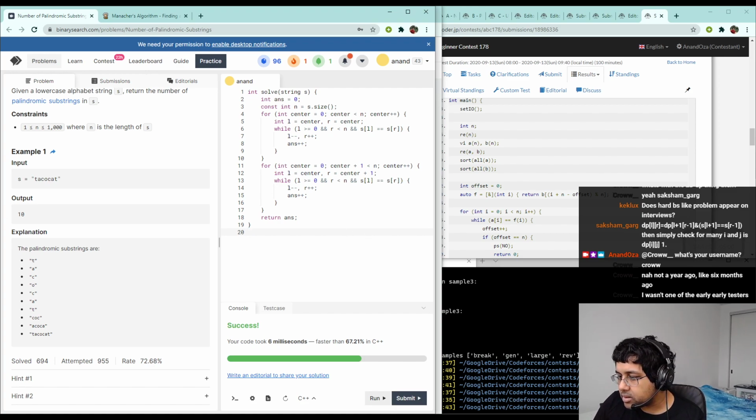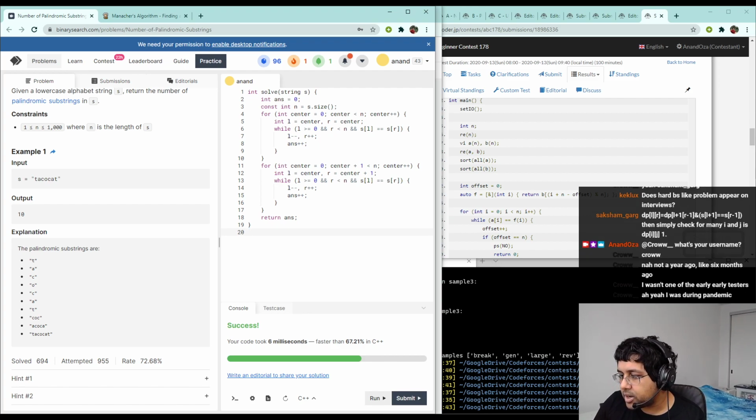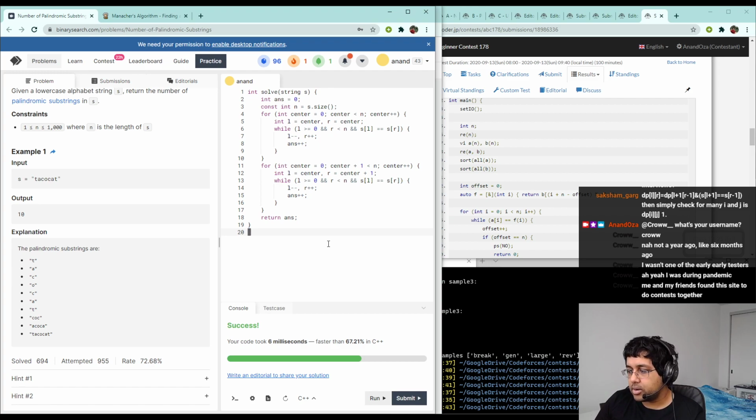Okay, and then Keklux asked, do hard binary search problems appear in interviews? It definitely depends, on where you're interviewing and what your interviewer's preferences are.